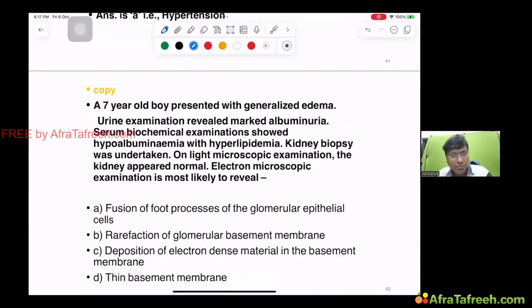A 7-year-old boy presented with generalized edema, urine examination revealed marked albuminuria. Serum biochemical examination showed hypoalbuminemia with hyperlipidemia. Kidney biopsy was undertaken. On light microscopic examination, the kidney appeared normal. The electron microscopy examination is most likely to reveal?